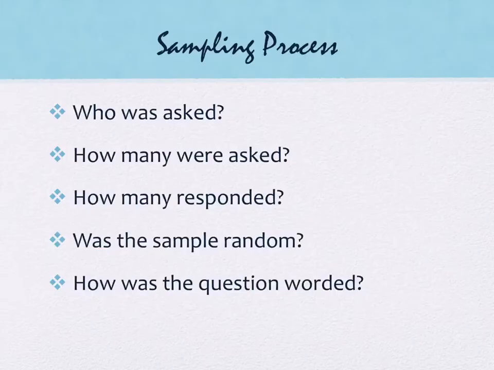Okay? So there are two different types of abuses of statistics. One is called a sampling process abuse, and the other is a graphical representation abuse. Some problems with sampling that will sometimes happen: who was asked.